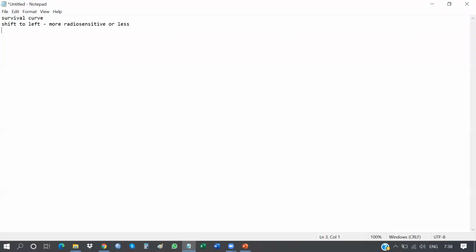Now, what are the different factors, according to you, which affect the cell survival curve? Just ping.